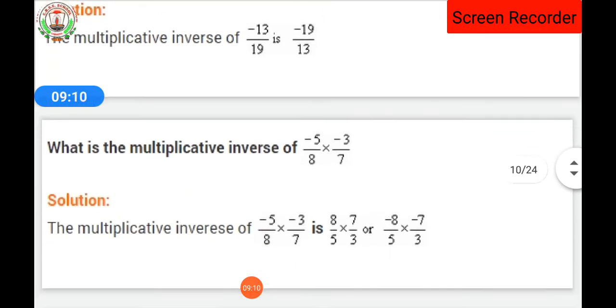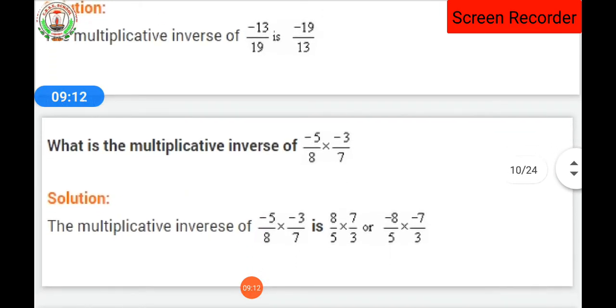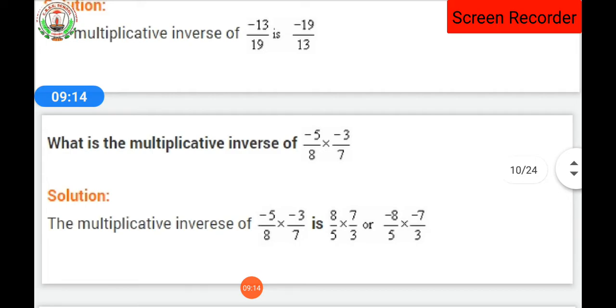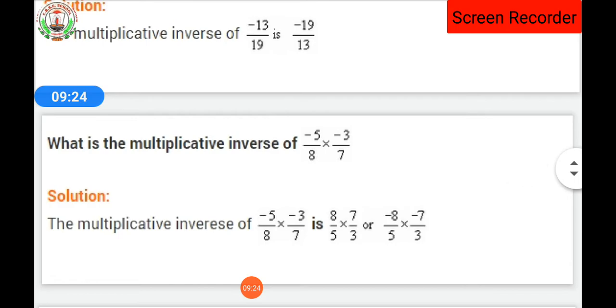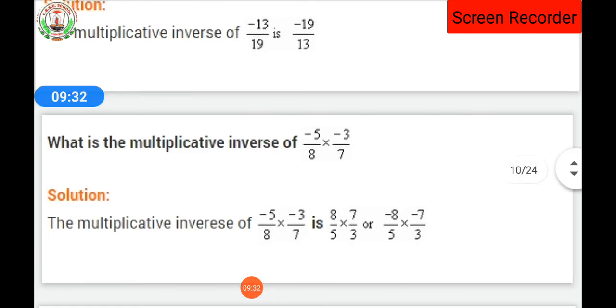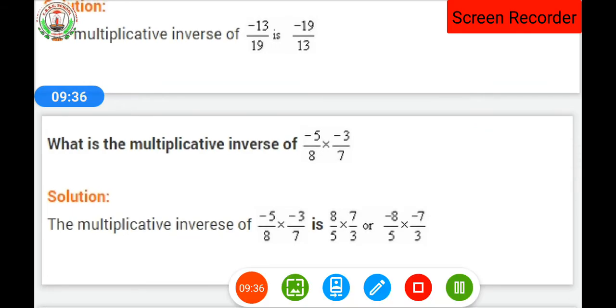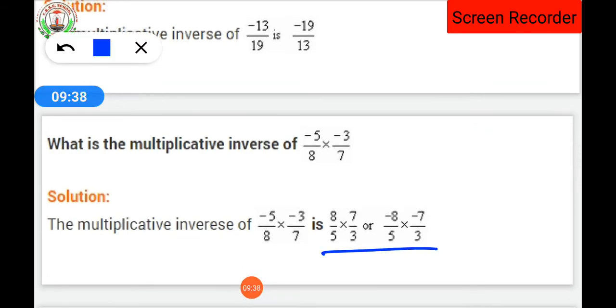Multiplicative inverse of minus 5 upon 8 into minus 3 by 7. Here, as we can see, two numbers are given, so we have to reciprocate them. Either you multiply the numbers, like minus 5 into minus 3 will be plus 15 and 8 sevens are 56, and then directly reciprocate it, or if you don't want to multiply, just do as shown here.